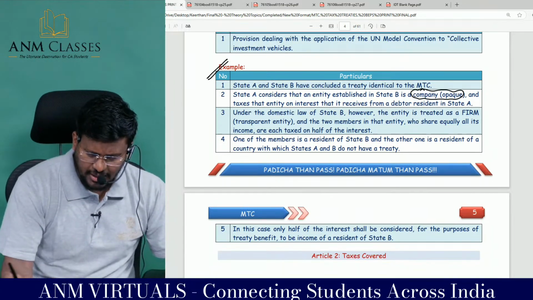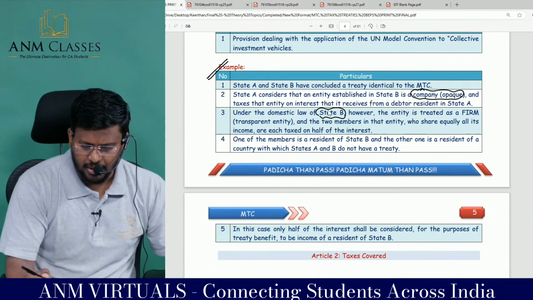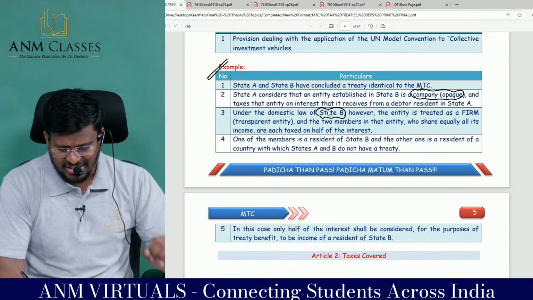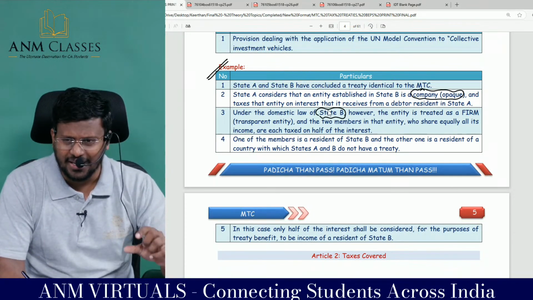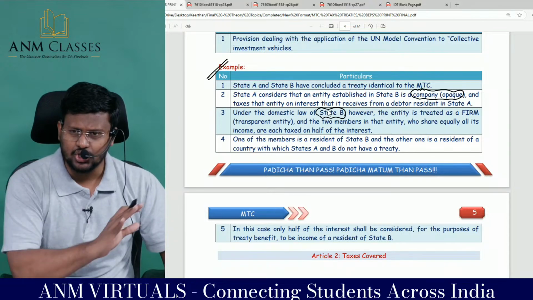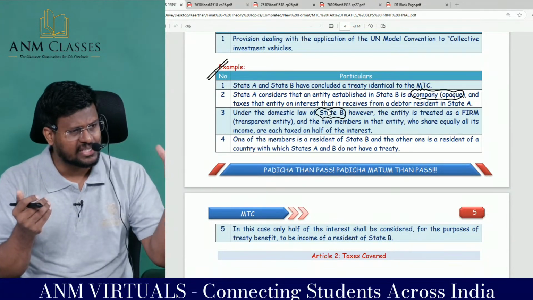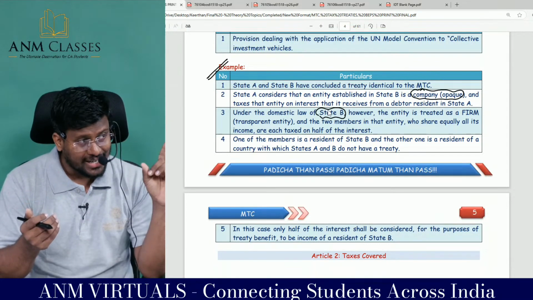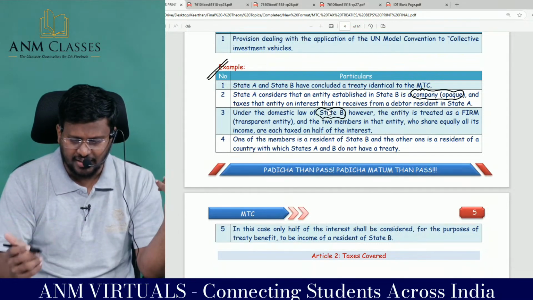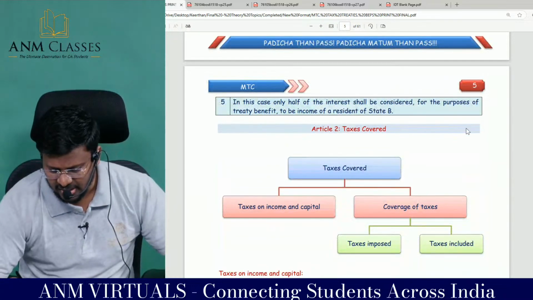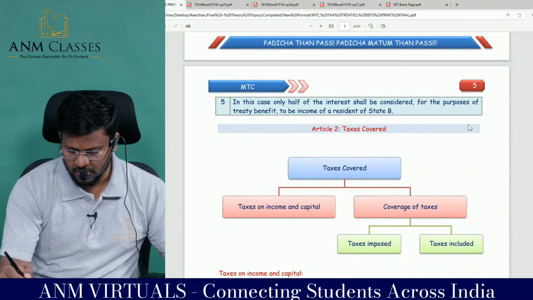Under the domestic law of state B, however, the entity is treated as a firm, which is a transparent entity. It is not opaque. So according to state A, that entity is a company, whereas according to state B, that entity is a firm.